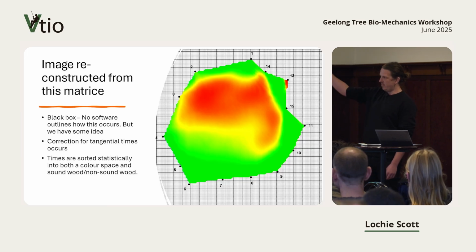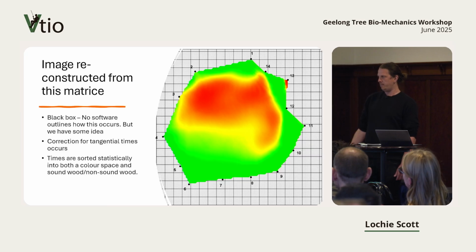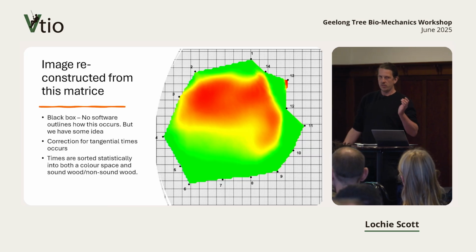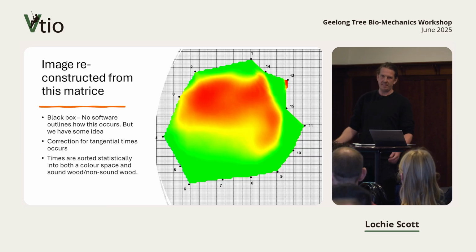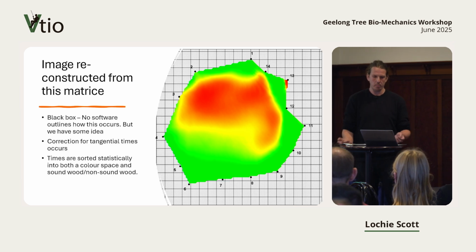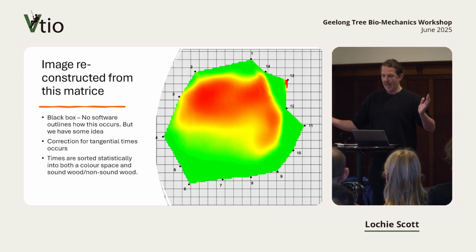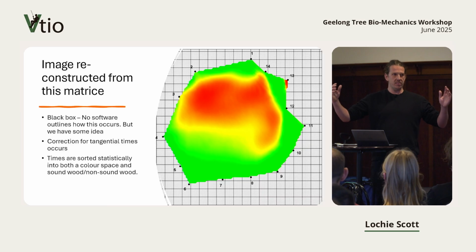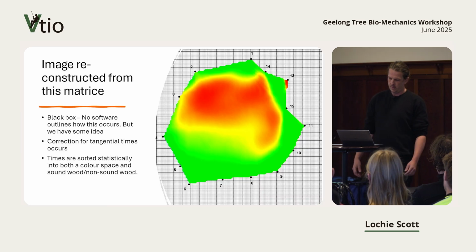The machine also has to figure out what we are going to consider sound wood and unsound wood, and we might call that decay typically in trees, but we don't know. So we have to sort that out with all this statistical analysis of the data, I guess.